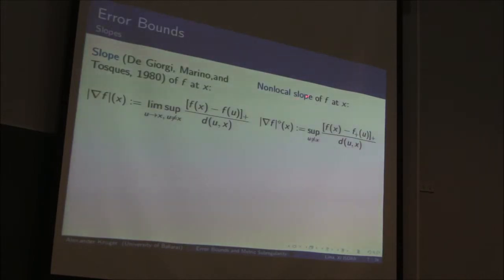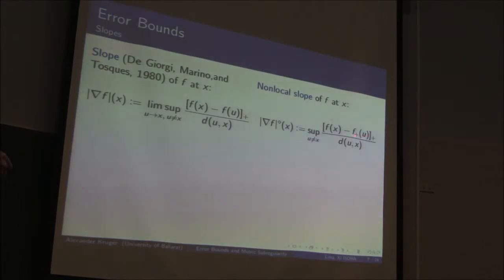And now I'm going to introduce a non-local version of this slope. Here and later I will use this sign of rhombus for non-local constants used in this report. Basically what we have here, instead of lim sup, is just sup.